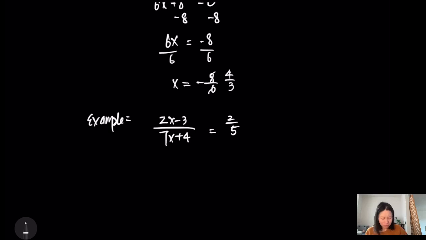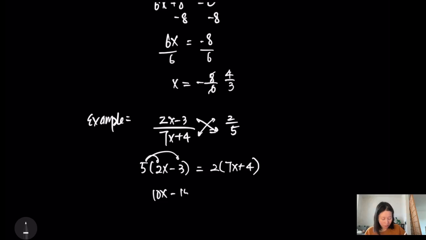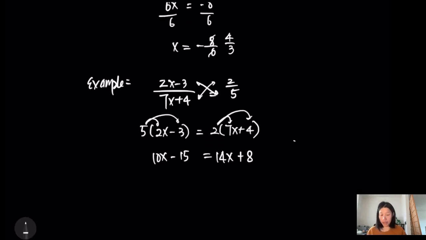Now we continue to use the cross product. So we have 5 times (2x minus 3) equals 2 times (7x plus 7). And here, we distribute the 5 inside, have 10x minus 15, 14x plus 8. Now, merge the like terms.